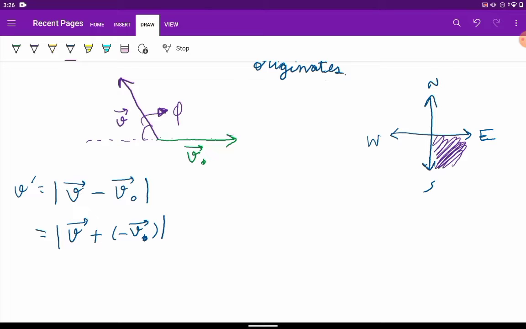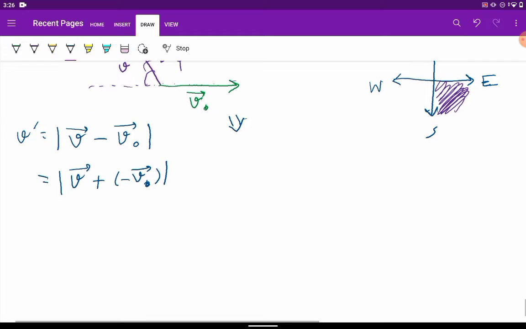Now this figure can also be drawn like this. This is v. This equal and opposite vector is minus v naught, and of course this is again phi. We are adding these two vectors.